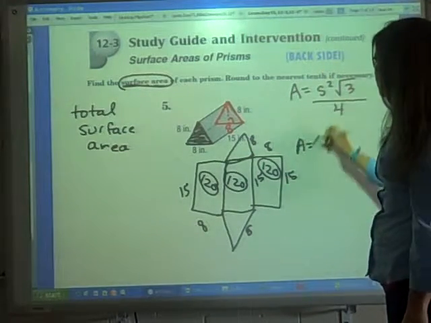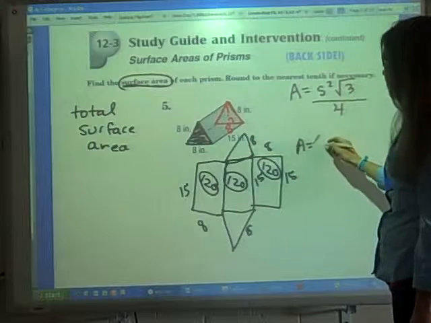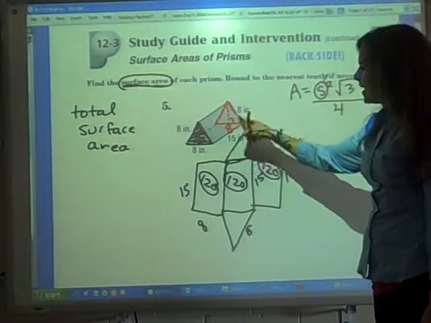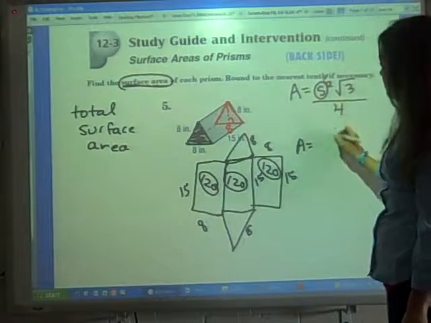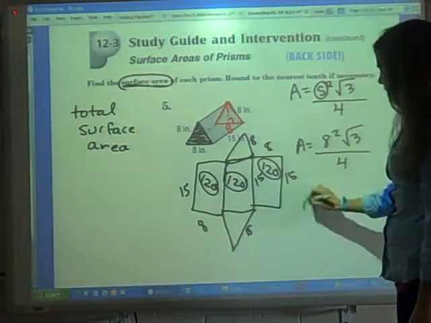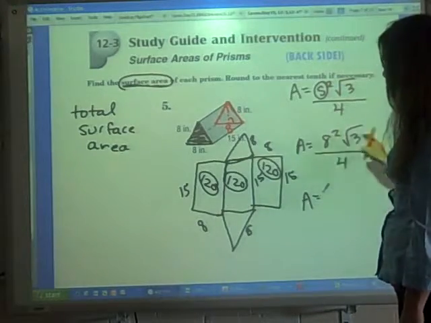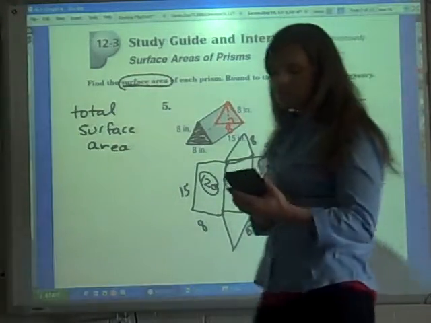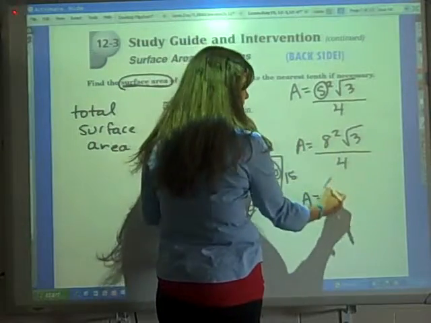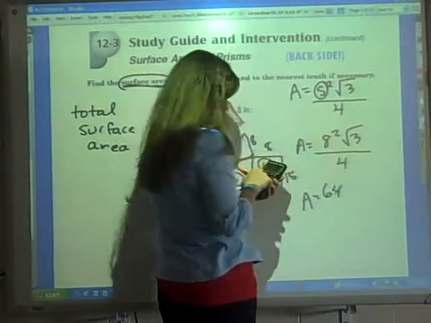Okay, here we go. Side squared, square root 3 divided by 4. If I'm using this formula, what is one of the sides of your equilateral triangle here? Well, it's just 8. Okay, so let's get a little calculator work and let's plug this thing in. If you're using a calculator on a cell phone, take it step by step. 8 squared is 64.